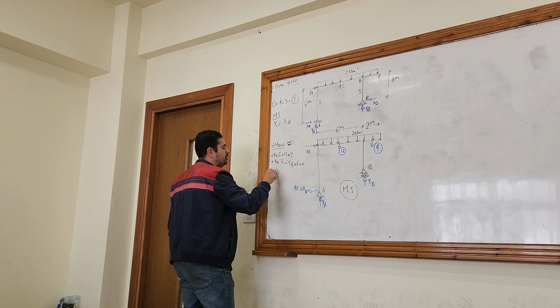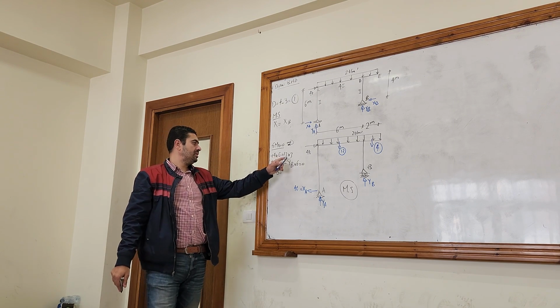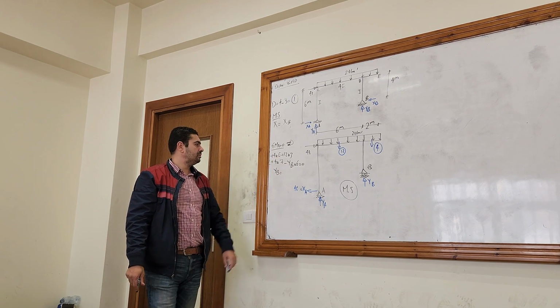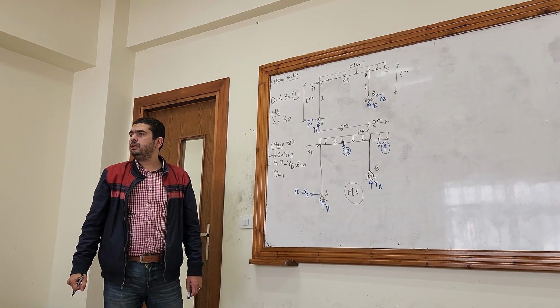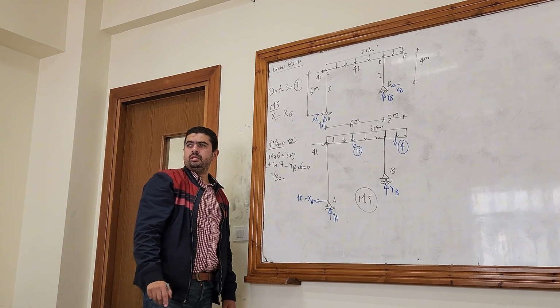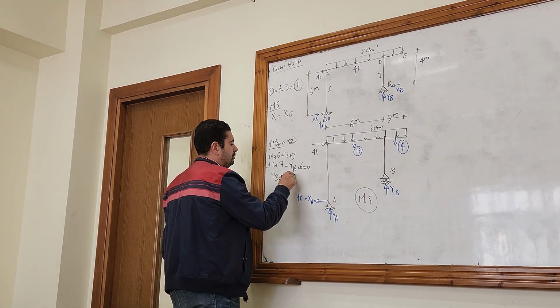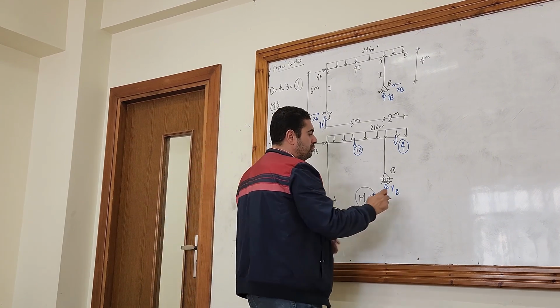So YB will be equal to 24, 36, 60, 88, so it will be positive. 88 divided by 6 is 14.67, and positive means it is in the assumed direction.